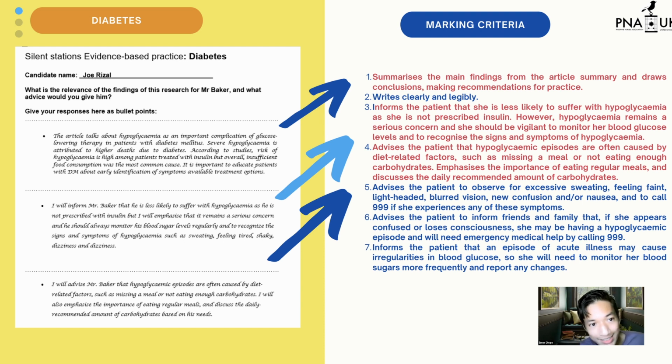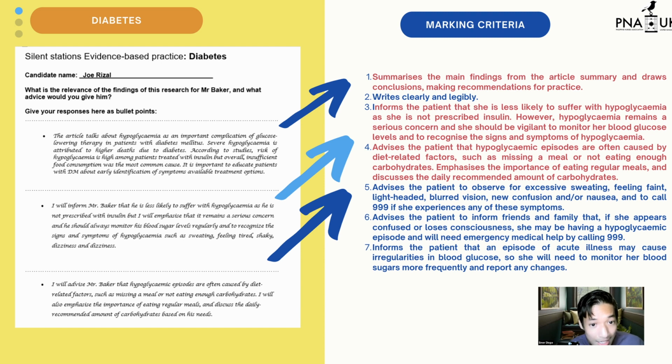So it says here, a silent station, evidence-based practice diabetes. So let's say number one, summarizes the main findings. So this is an example of the summary, okay? The article talks about hypoglycemia as an important complication of glucose-lowering therapy in patients with diabetes mellitus. Severe hypoglycemia is attributed to higher deaths due to diabetes.